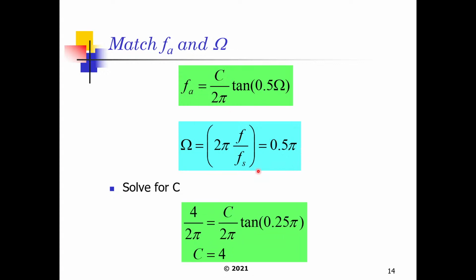Now remember, in this particular case, we have f of a in our equation, and we know that we were given omega of a. So we know omega a is equal to 2 pi f of a. So f of a here is going to be 2 pi divided by omega a.